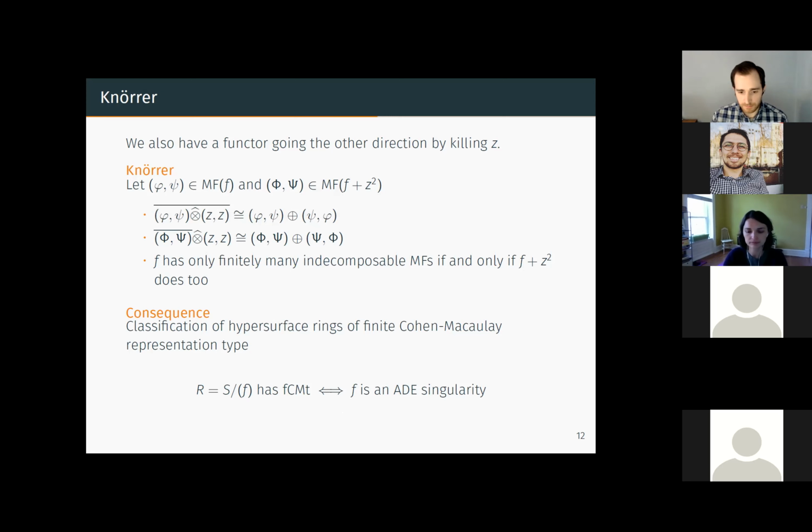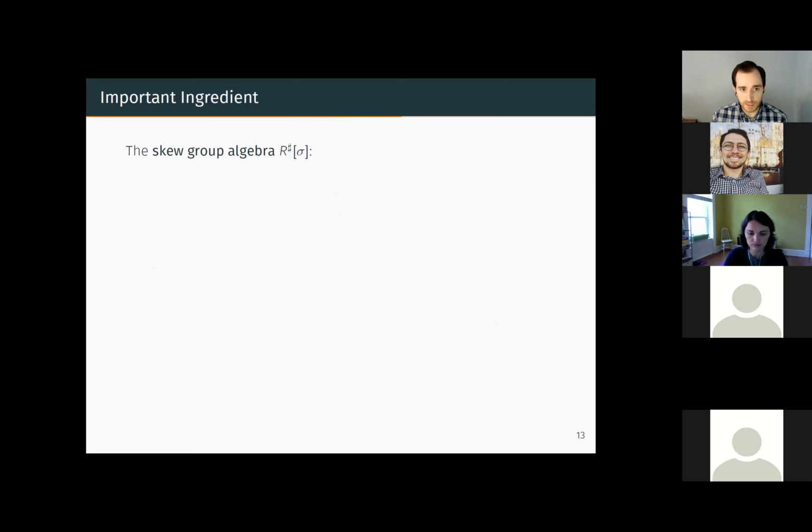All right. So a key ingredient of Knorr's periodicity in general, and also the three results that I was listing on the previous page, is actually a non-commutative ring. So you have the double branch cover, which is the ring we defined like 2 slides ago or so.